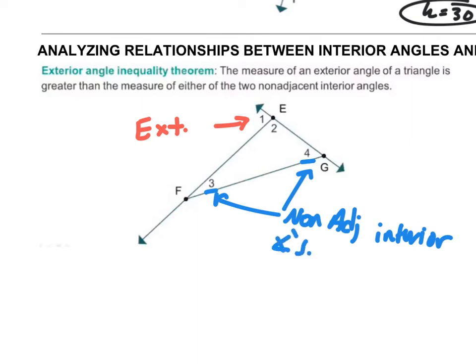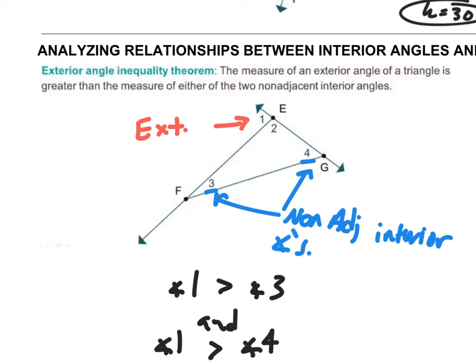If I have an exterior angle, I know for a fact that angle 1 is going to be greater than angle 3, and angle 1 is also going to be greater than angle 4. And that's all we're doing.